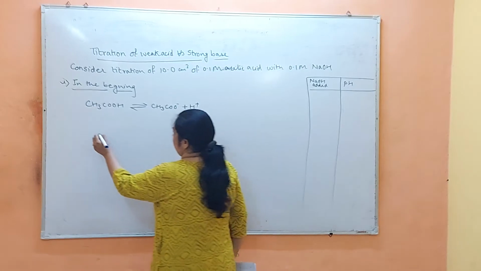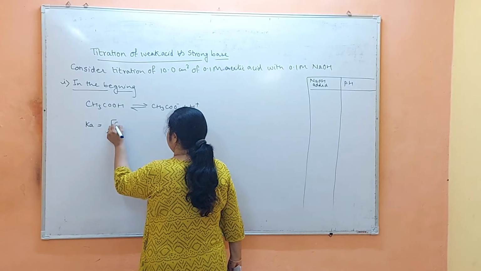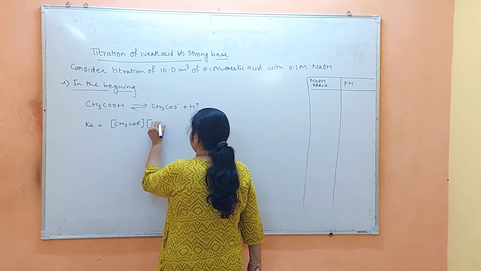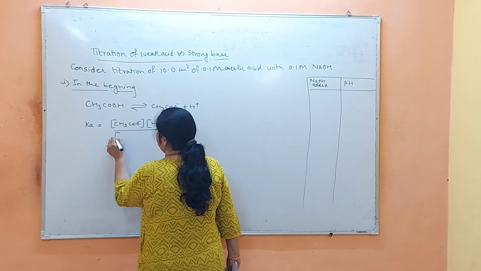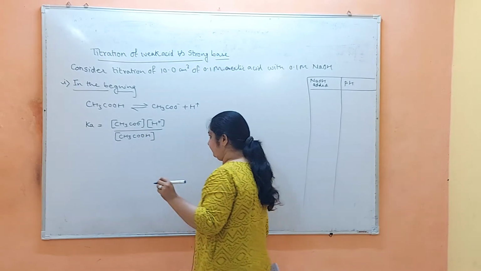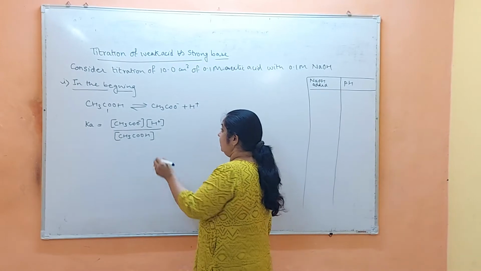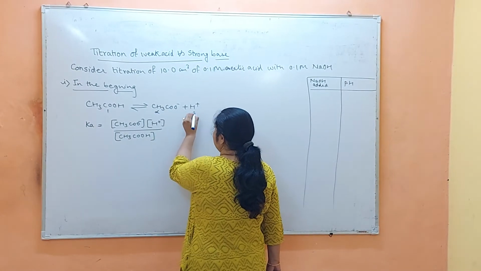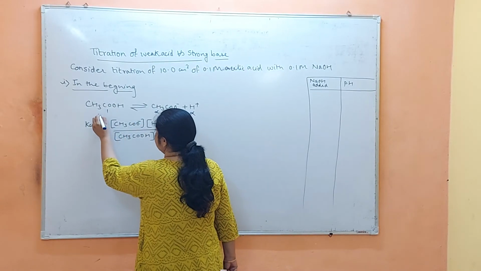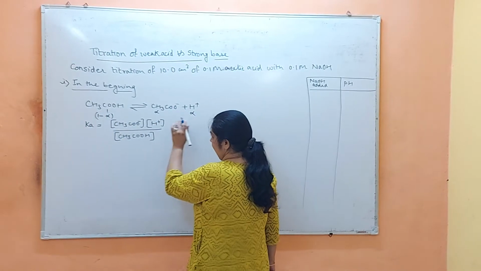Now Ka for this reaction will be given by concentration of CH3COO- into concentration of H+ divided by concentration of CH3COOH. Now see, initial concentration of CH3COOH is 1, your degree of dissociation is alpha, so alpha here, alpha here. Now after certain time this will become 1 minus alpha, this will be alpha and this will be alpha.